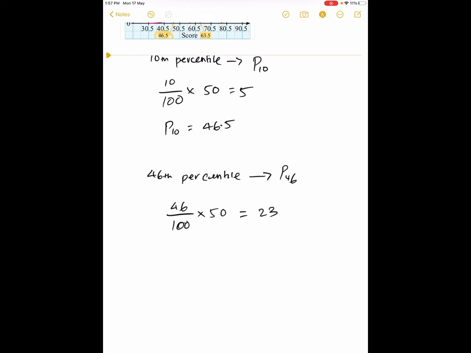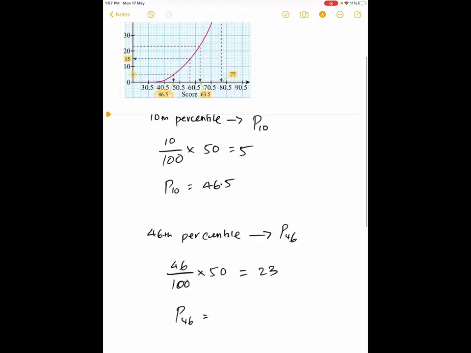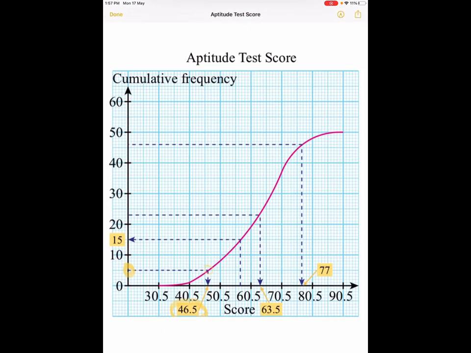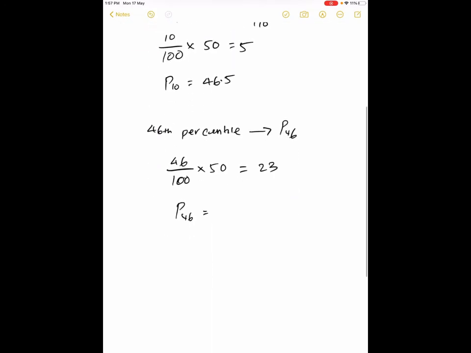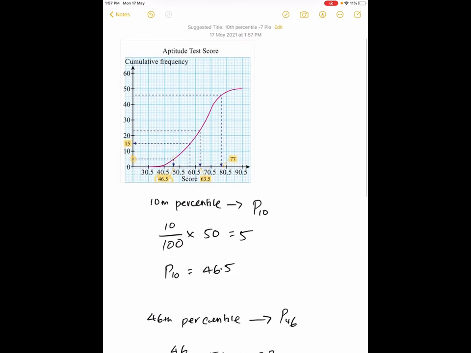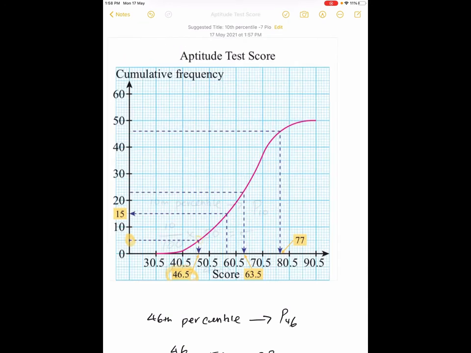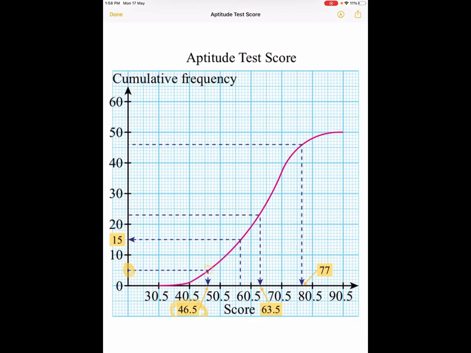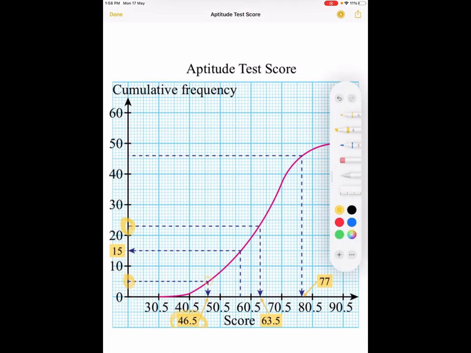To find the value of P46, we go back to the graph and locate the value of 23. It is located here, and then we move to the right until we touch the line, and then we go down.